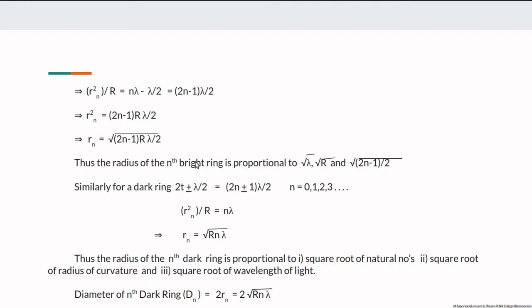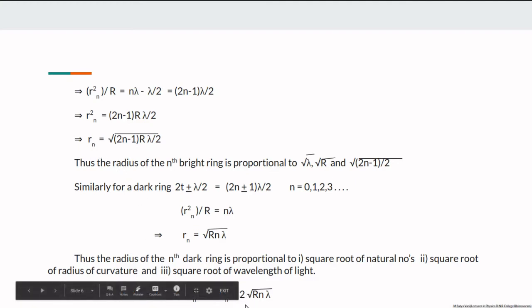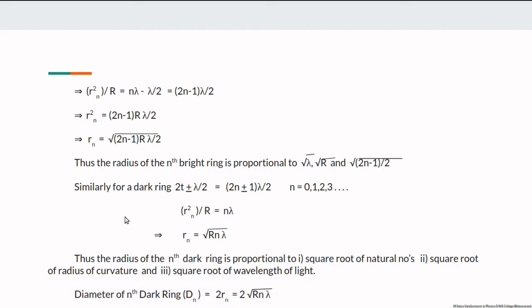This is about the radius of the bright ring. If you double this value, you get the diameter of the bright ring. This is the expression for the radius of the nth bright ring. We know that diameter is equal to 2 times radius. Then the diameter of the nth bright ring is dn, that is equal to 2rn.